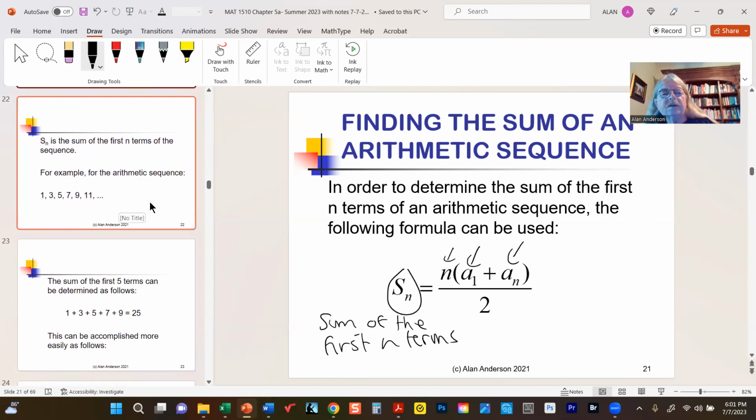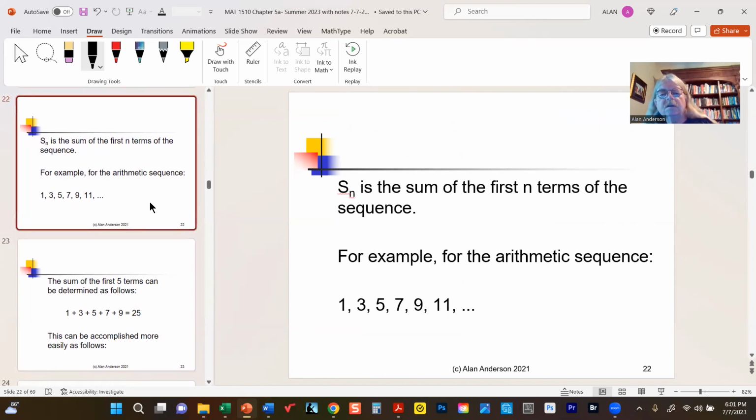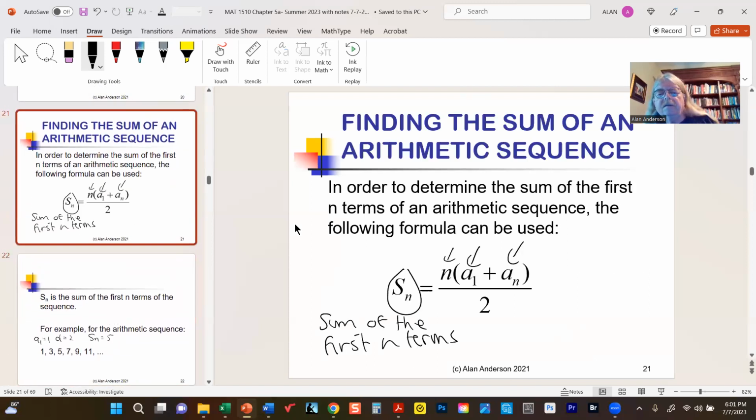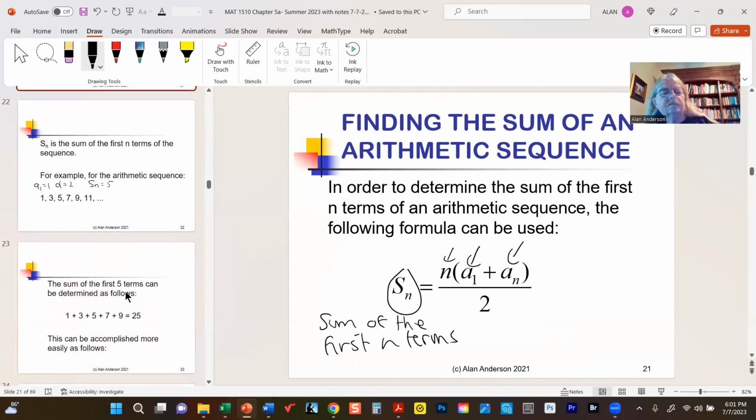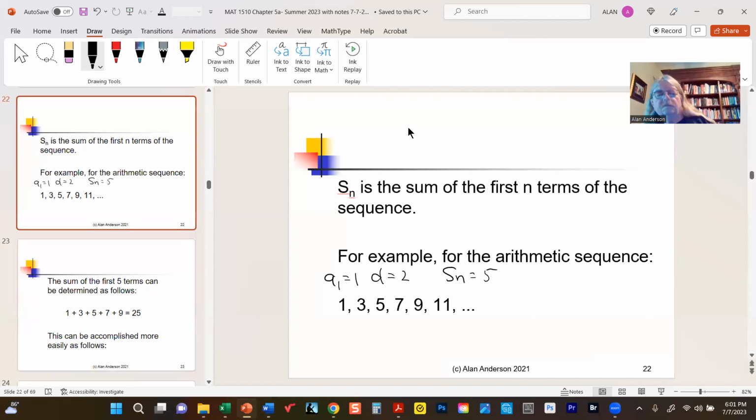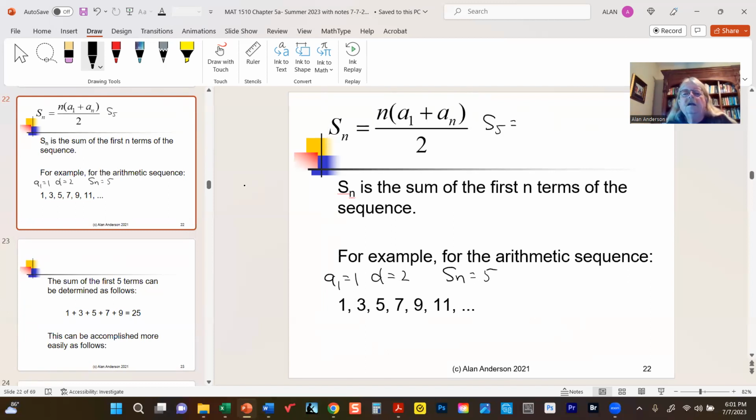So let's say that our sequence is 1, 3, 5, 7, 9, 11. So A1 is 1. The common difference is 2. What if they want to know the first 5 terms? Okay, so let's get this formula back. Oh, one more thing we'll need.